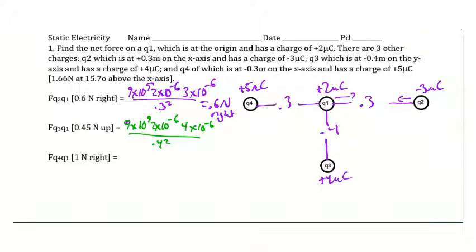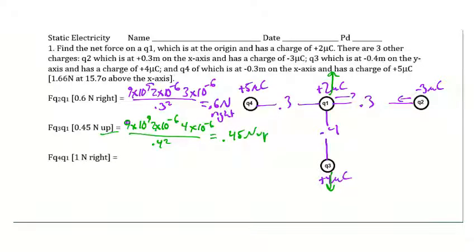Now we have a positive and a positive, so they are going to repel. So this is actually going to be an upward force on Q1 because we're just finding the net force on Q1 in this problem. So you just type that into your calculator. And we get 0.45 newtons up.